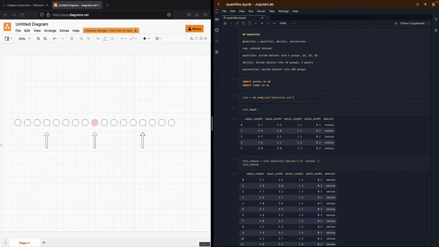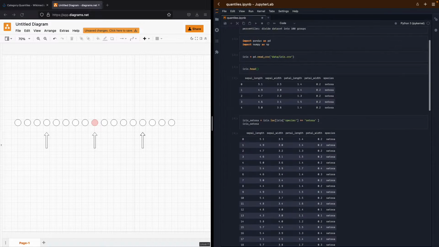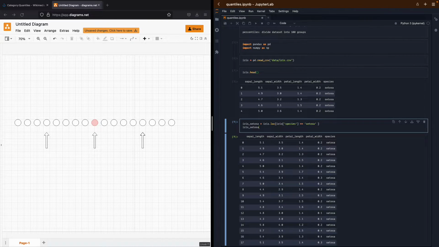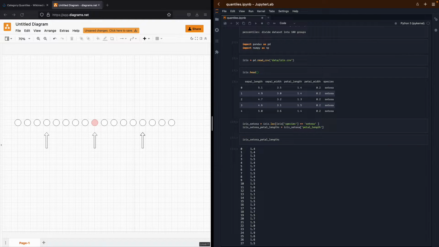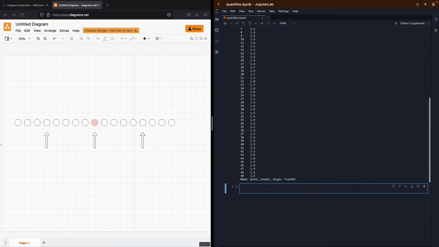So you can see we are getting all the Setosas, and I'm only going to take petal length. So we are getting only petal lengths here.